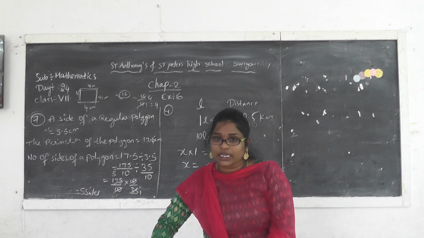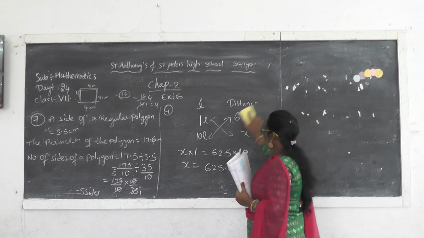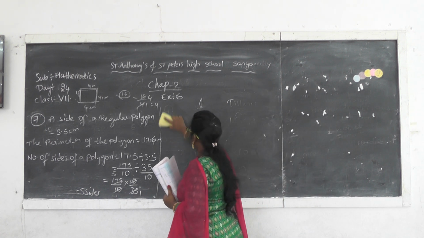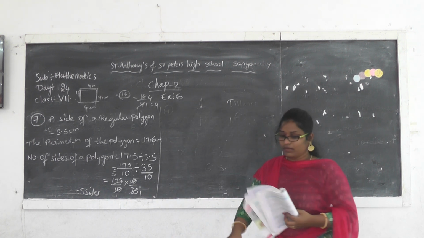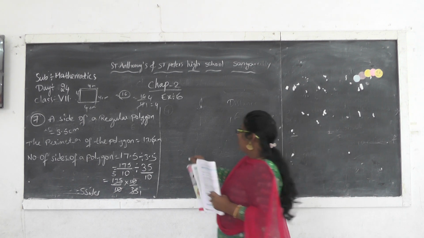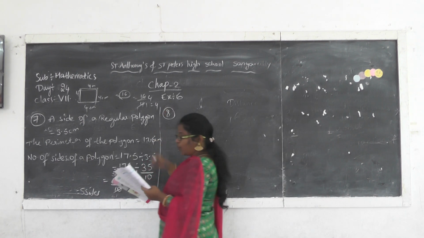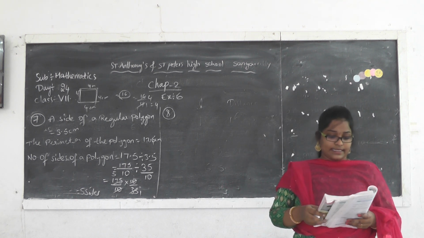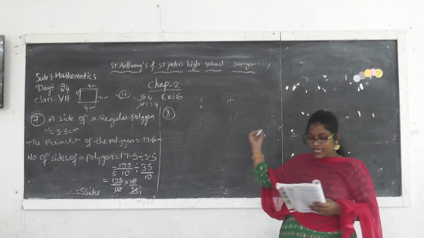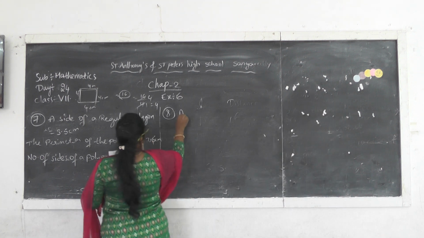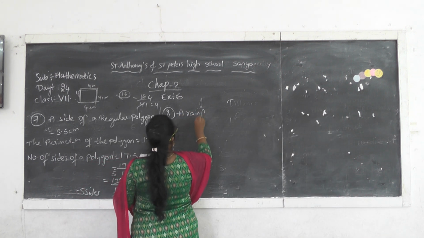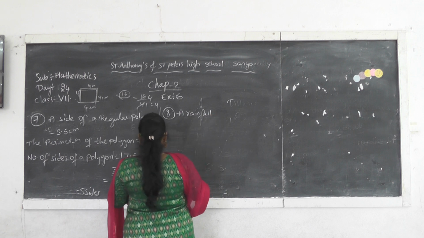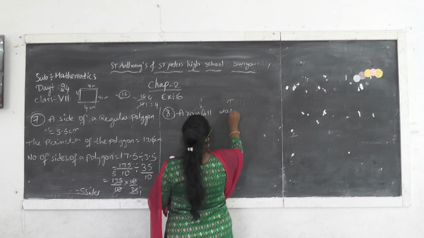And the last question in exercise 6, that is the 8th word problem. So what is the given data? A rainfall of 0.896 centimeters was recorded in 7 hours.